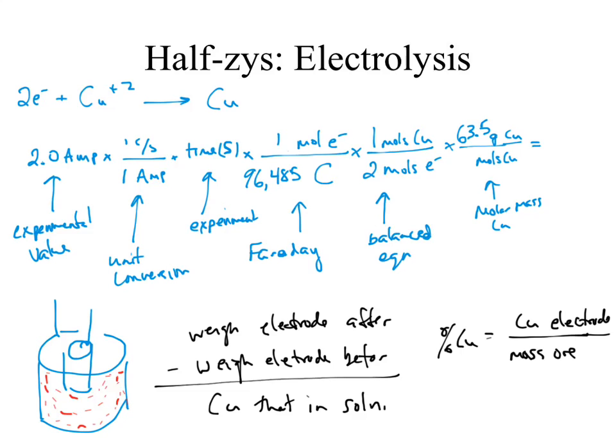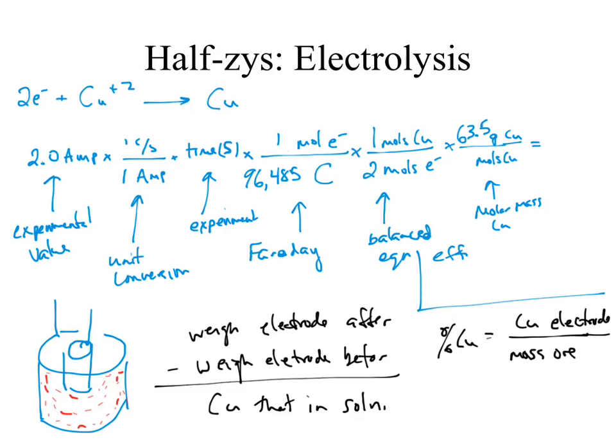What we're going to do is look at the efficiency of our electrolysis process. Okay? So the answer in blue would be the theoretical maximum amount of copper that we could have gotten out. We can then compare that back to the copper that we actually got out, and we now have an efficiency of our electrolysis.